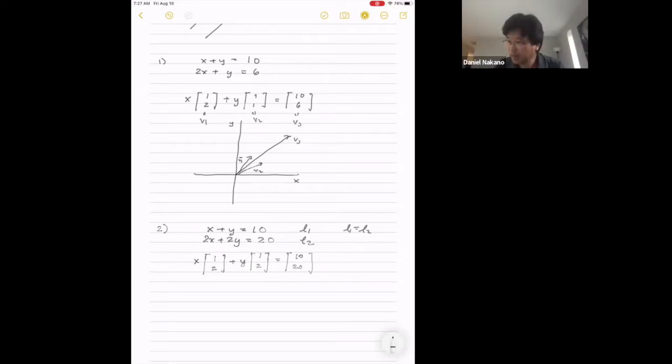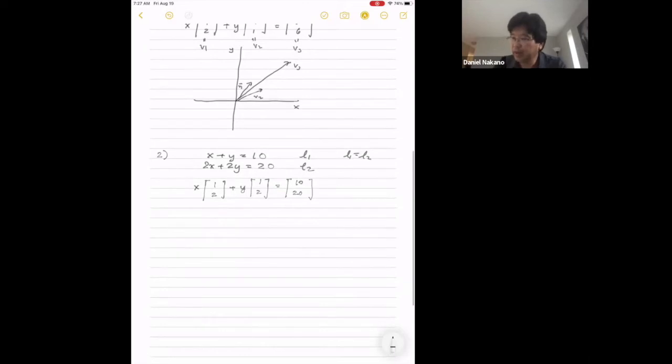And then we can combine these two. So (x plus y) times (1, 2) is going to be equal to the vector (10, 20). Let's call this quantity t.